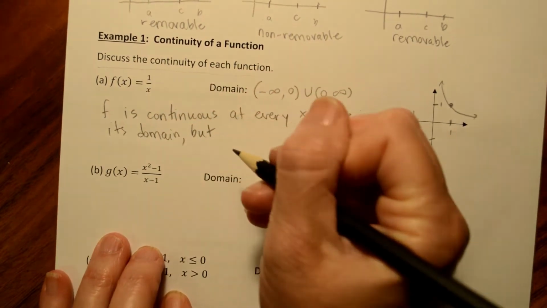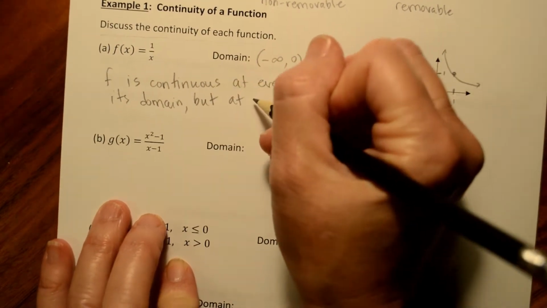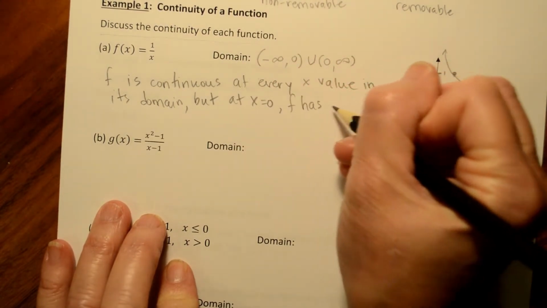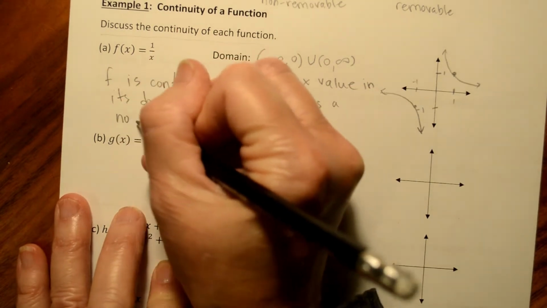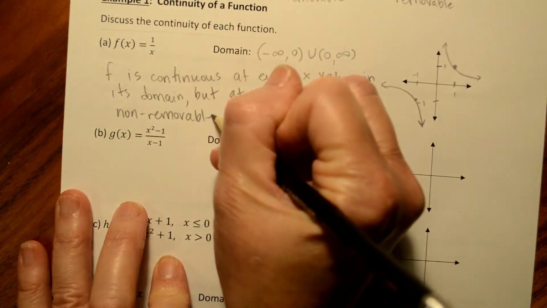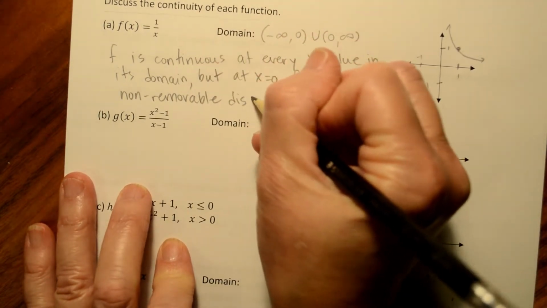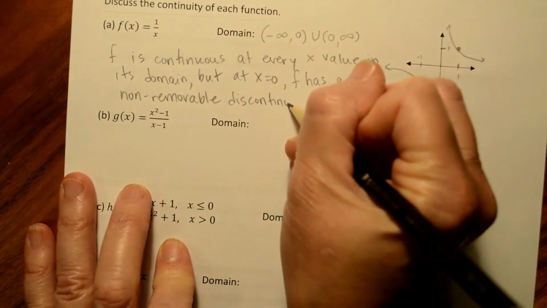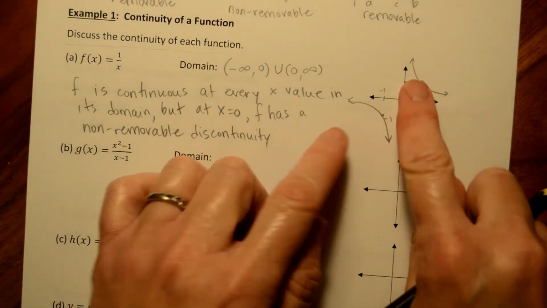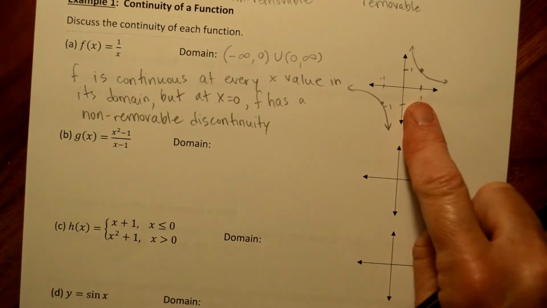But at x equals 0, f has a non-removable discontinuity. Again, there is not a whole lot we could do to bridge that gap right there. So we would say it's non-removable.